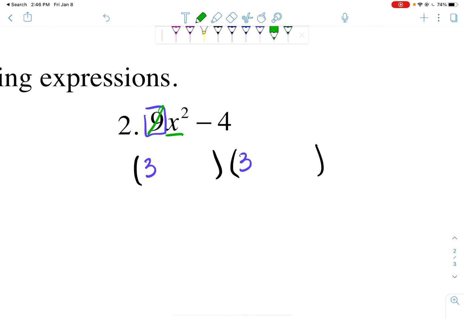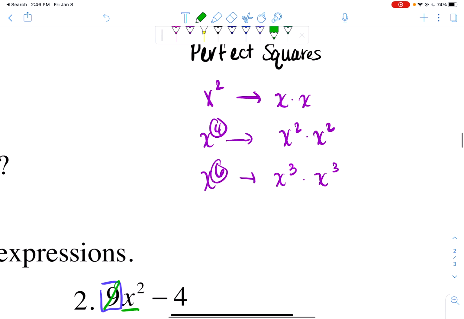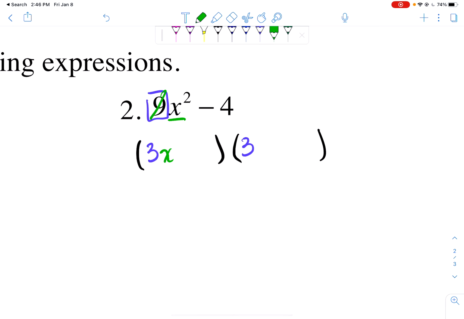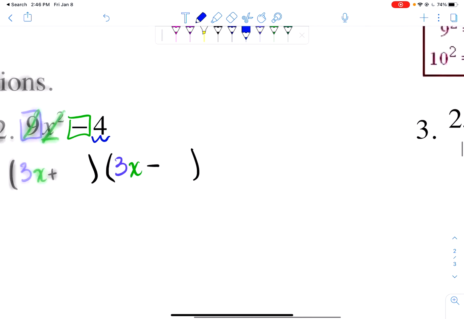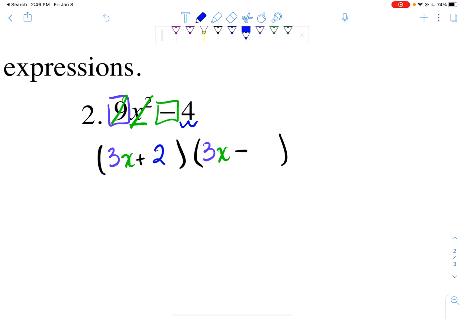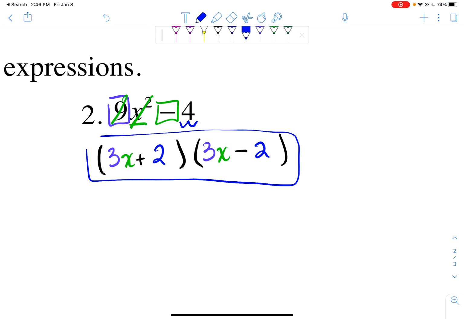Now, what makes x squared? Well, x and x. Done with my x. I've got a minus, so I'm going to do my plus minus. Now, I look at my 4. What makes a 4? 2 and 2. So I'm going to put a 2 and a 2. My final answer is 3x plus 2 times 3x minus 2.